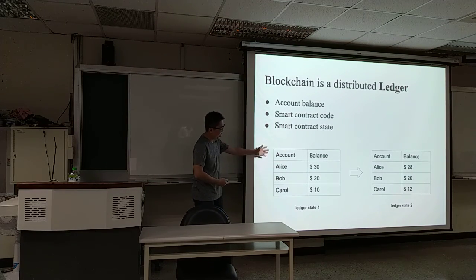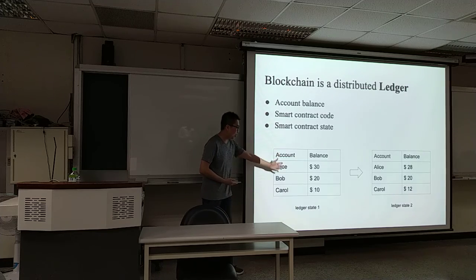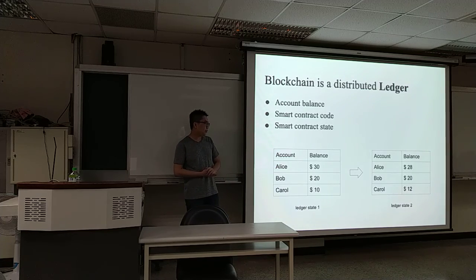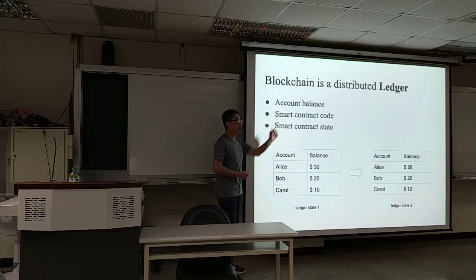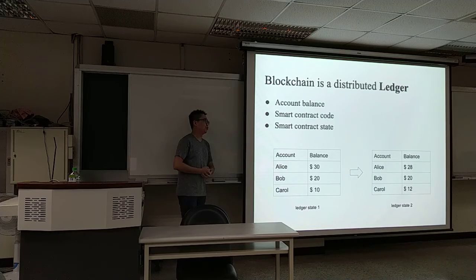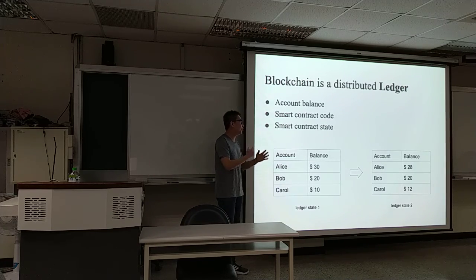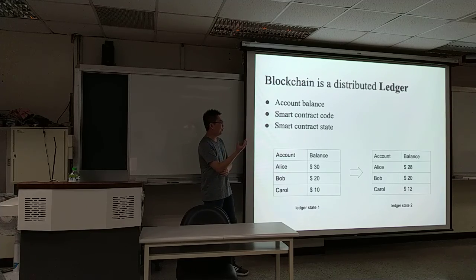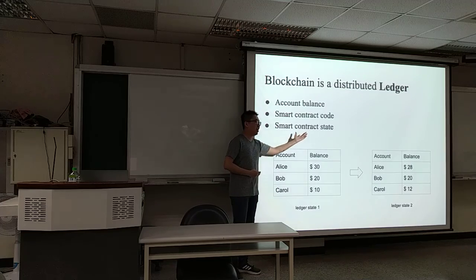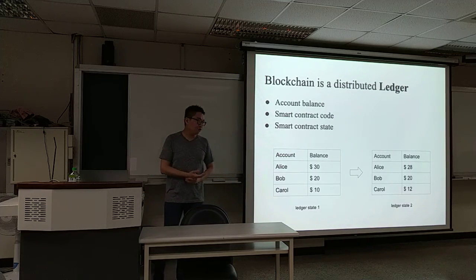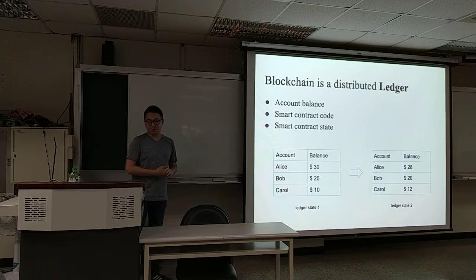Here we can have a table of all participants and their account balances. In addition to account balances, which are very common to most blockchains, we can also have some sort of programmable unit, a smart contract code, and we can assign state to objects in this world.